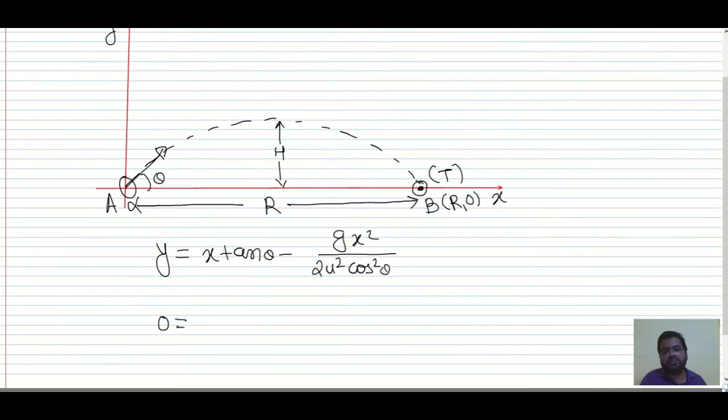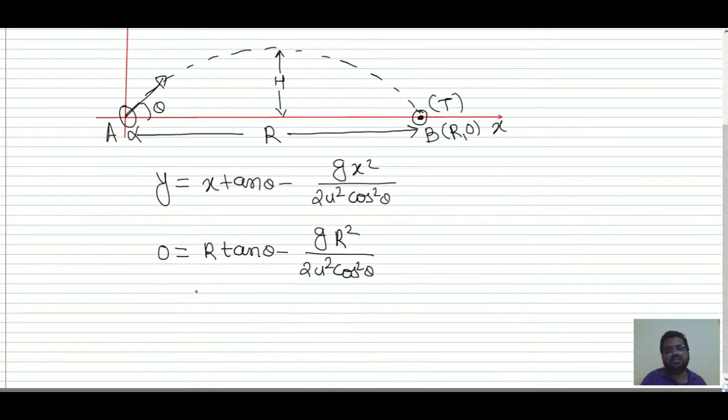Y coordinate 0 we have, x coordinate is R: 0 = R tan theta minus g R squared divided by 2u squared cos squared theta. If you just solve this now, you will get R tan theta is equal to g R squared divided by 2u squared cos squared theta.